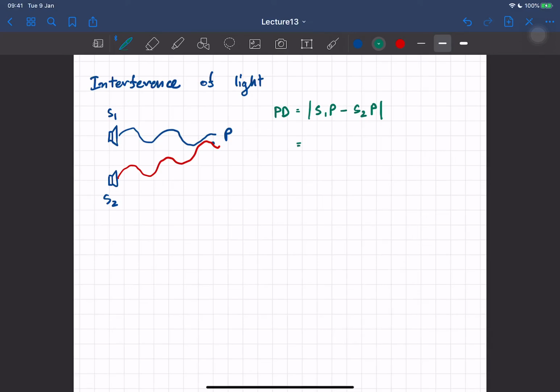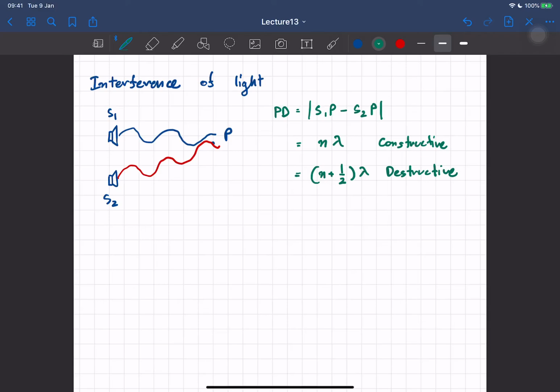If the path difference is multiple of lambda, including 0, so 0, 1 lambda, 2 lambda, 3 lambda, then you have constructive interference. If you have half multiple of lambda, then you have destructive interference. We covered this already. Again, nothing new here.